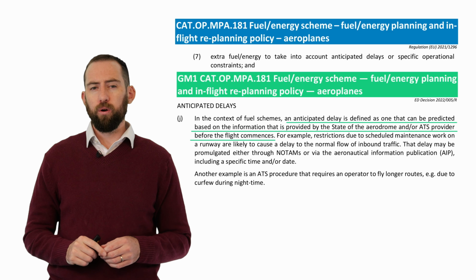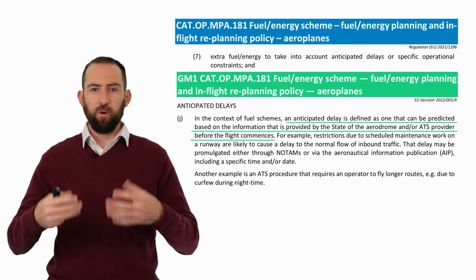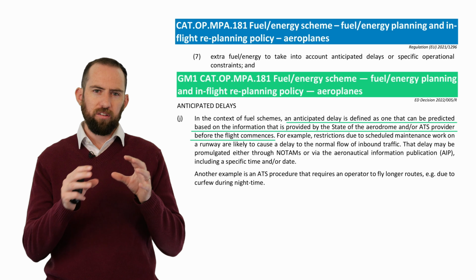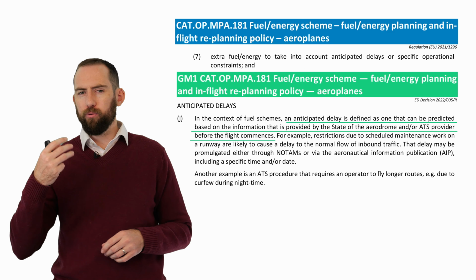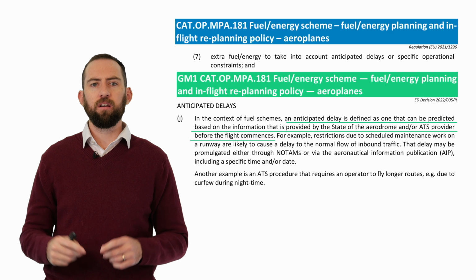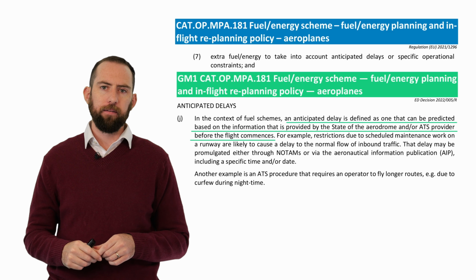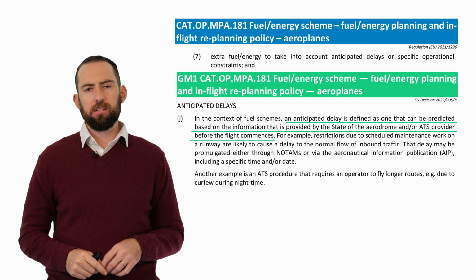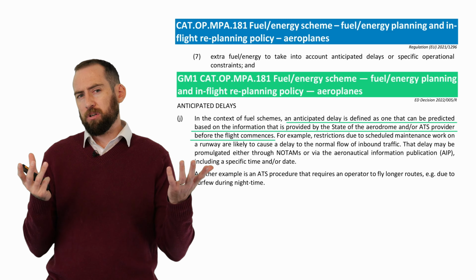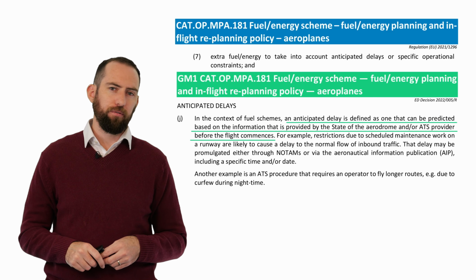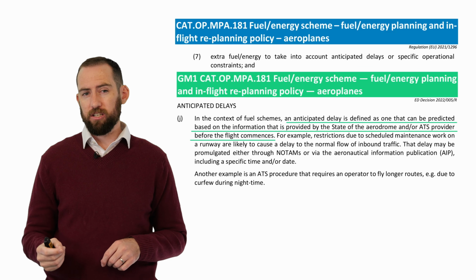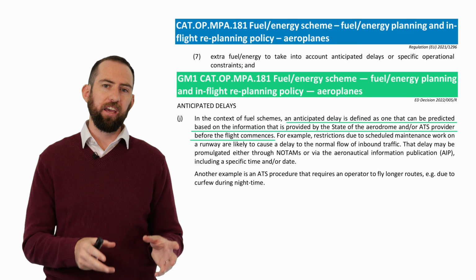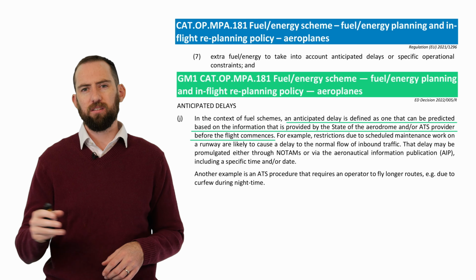Now, those final few words are worth talking about, because with extra fuel, we are talking about those things that we could know about before the flight commences. So if we know that something will delay us, we have to add it into our plan. Now you might be tempted to say, can't I just use my contingency fuel for that? And the answer is no, because contingency is for unforeseen variations as opposed to anticipated delays.